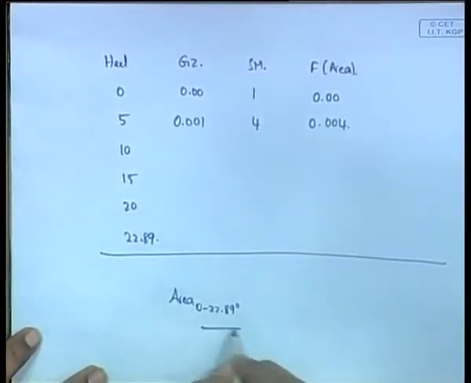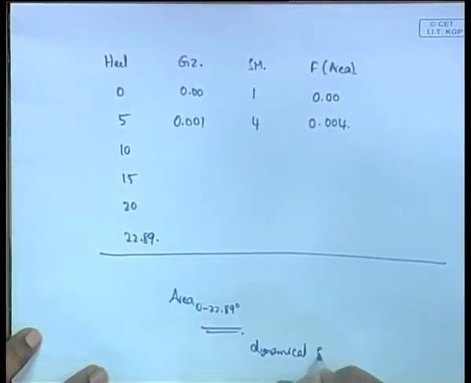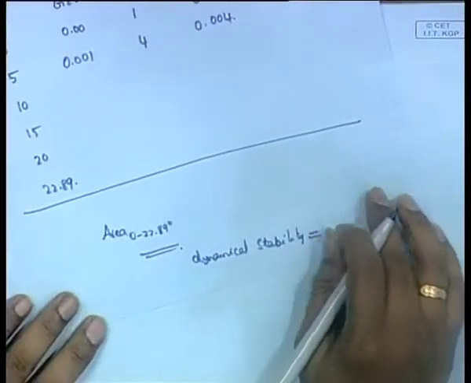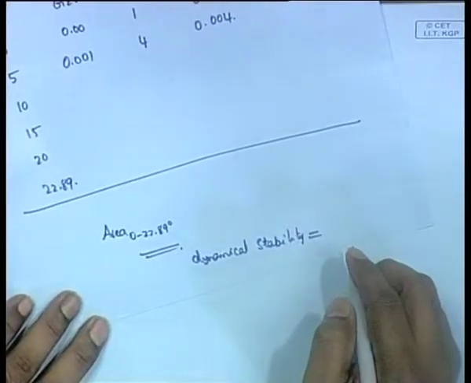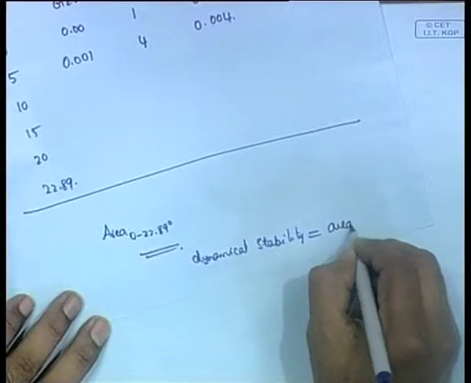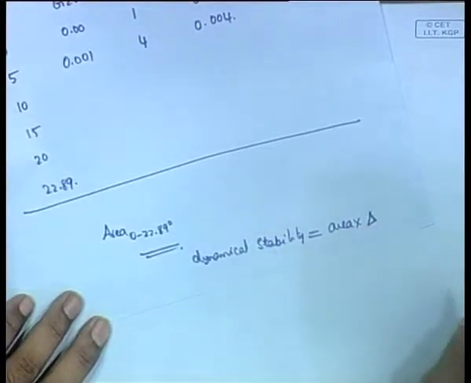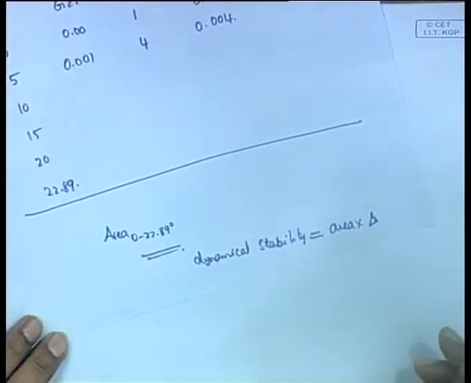And once you have the total area, you just have to calculate the dynamical stability. Once you have that, dynamical stability becomes your area which you have calculated into your delta, the displacement. Okay, that is in tons.